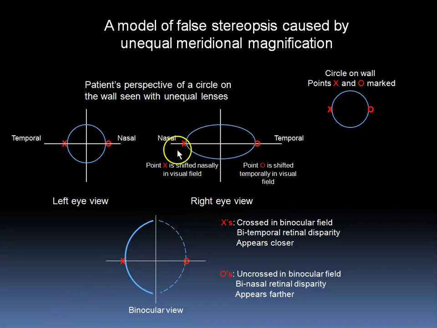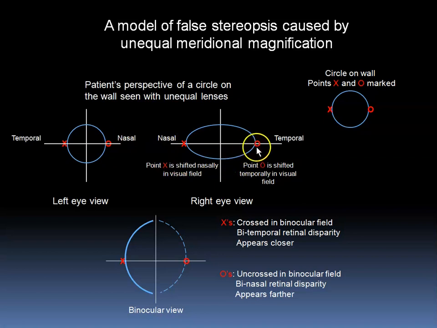Because the X is shifted towards the nasal side of the visual field, this means that it is shifted more on the temporal side of the retina, since images are inverted and everything is opposite on the retina as on the visual field. This creates a bitemporal retinal disparity of the point X, which is therefore seen as closer.